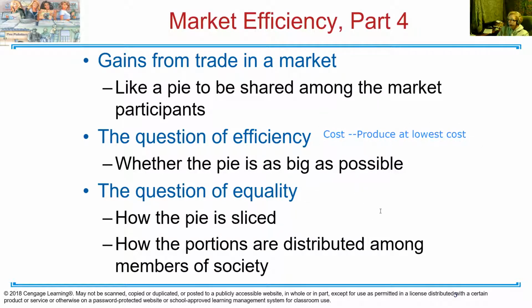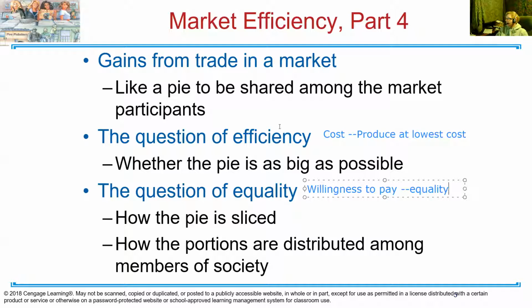Now, this doesn't apply to everything, and we're going to talk about that in the next section. But here, willingness to pay is the idea of equality.